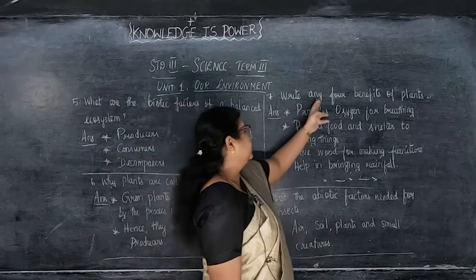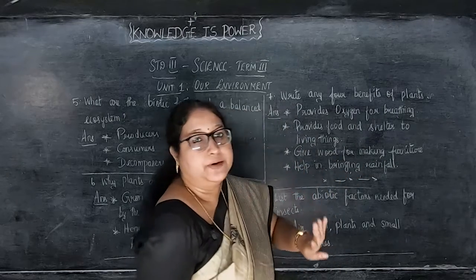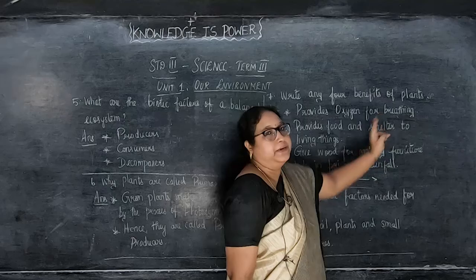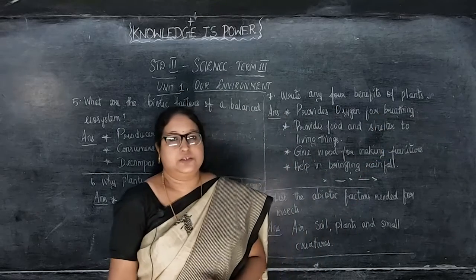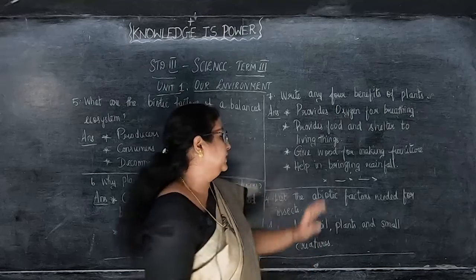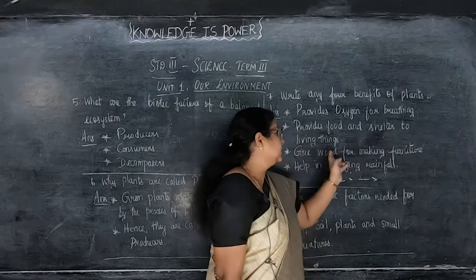See, write any 4 benefits of plants. First point is provides oxygen for breathing. What is the first point? Provides oxygen for breathing. Second, provides food and shelter to living things.